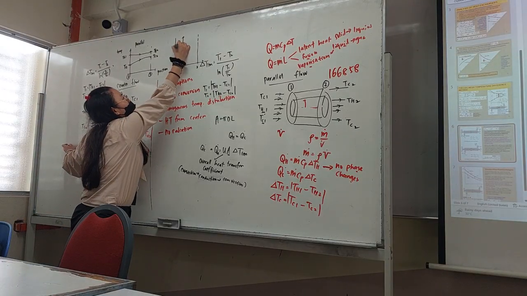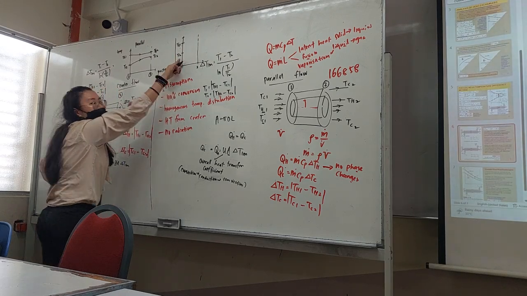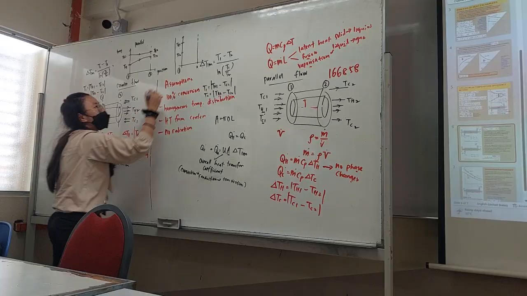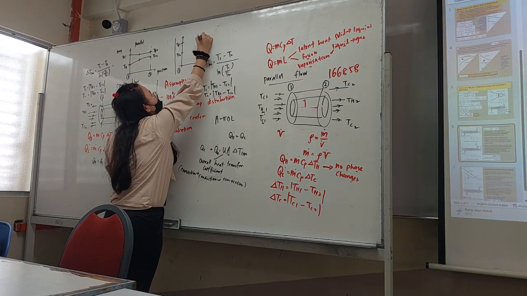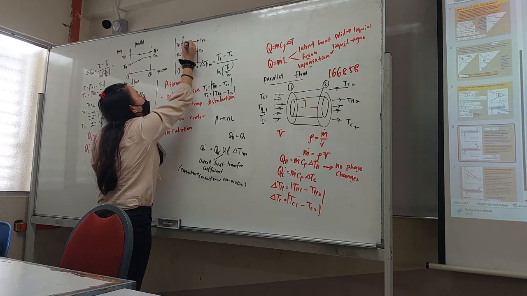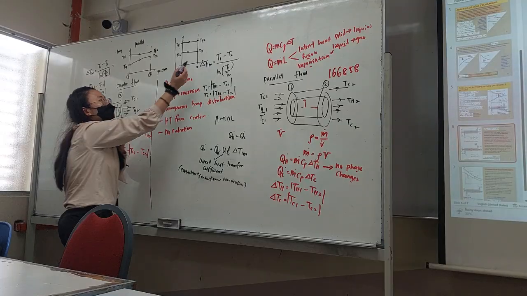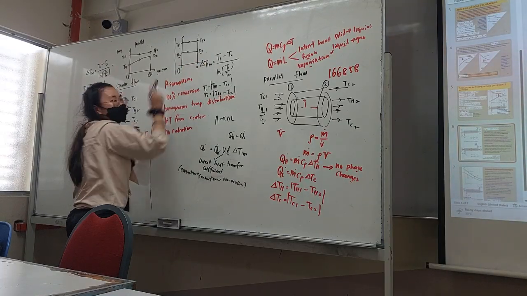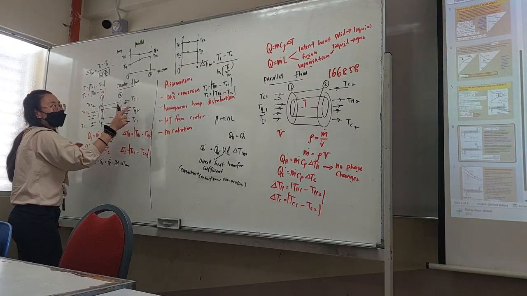The second position is TH2 and TC1. A lot of you make mistakes on these values, C1 and C2.